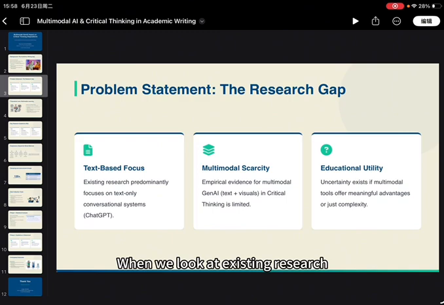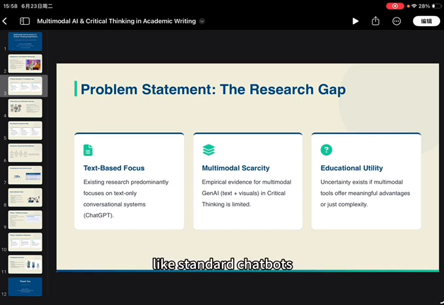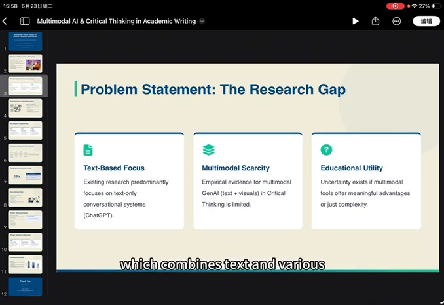When we look at existing research, most studies focus only on text-based AI systems like standard chatbots. There is very little empirical evidence about how multimodal generative AI, which combines text and visuals, impacts students' critical thinking.